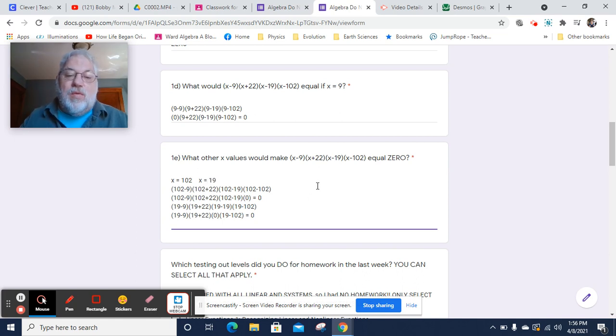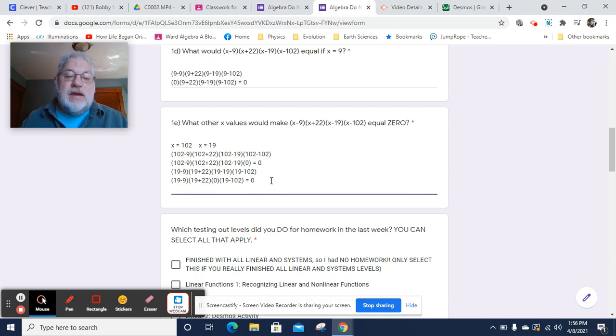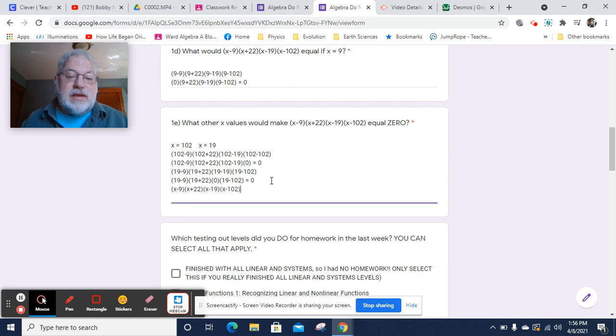19. And then what X value would make X plus 22 0? Okay, so, well, when you're adding things, the opposite added to something makes the other thing go away. So let's focus in on this one. So we're going to change X into the opposite of 22, which is negative 22. And it doesn't matter what negative 22 minus 9 is. It doesn't matter what negative 22 minus 19 is.